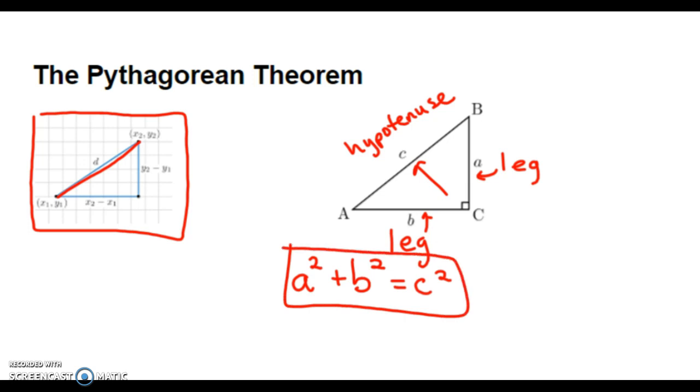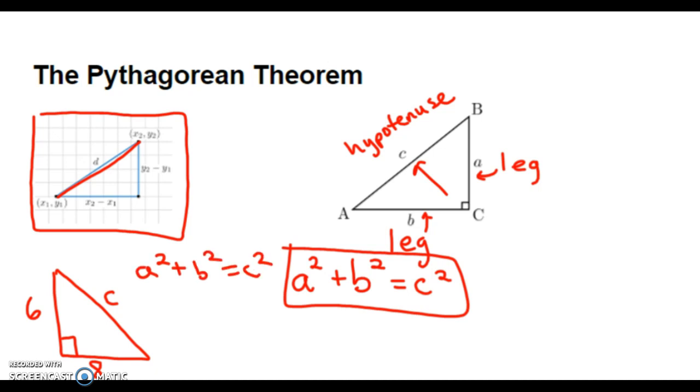So for example, if we have a right triangle and we know that one leg is 6, the other leg is 8 units. We want the hypotenuse, so we're going to give that C. We want to determine what the length of C is. So we say that A squared plus B squared equals C squared.